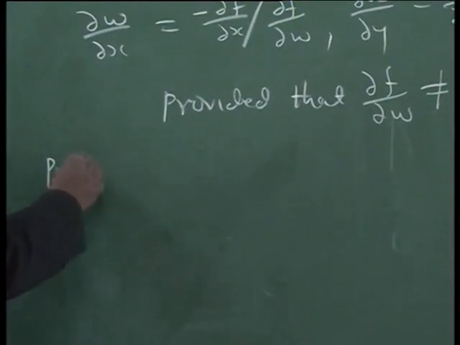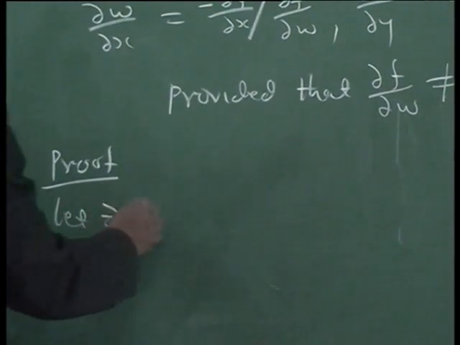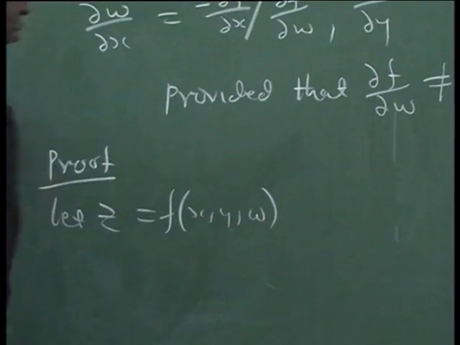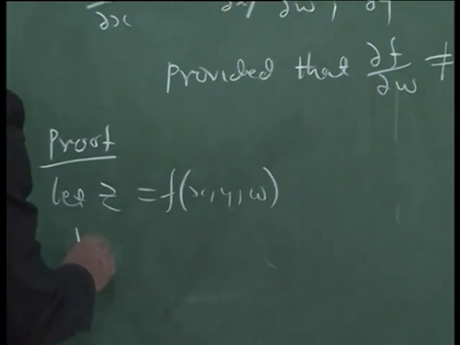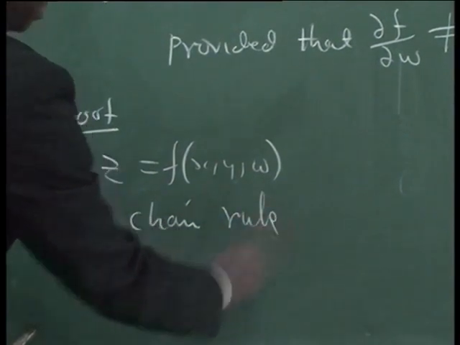Okay, so the proof. Let z equal f of x, y, w. Now, by chain rule, we just need chain rule.